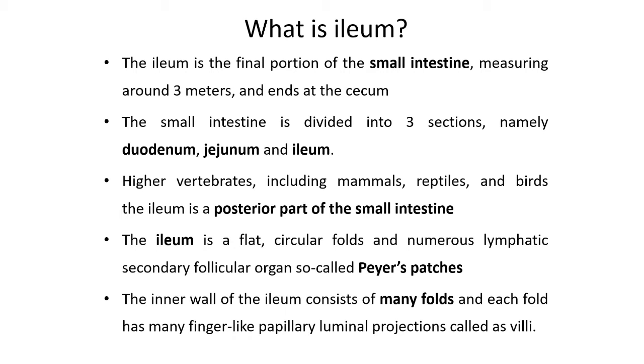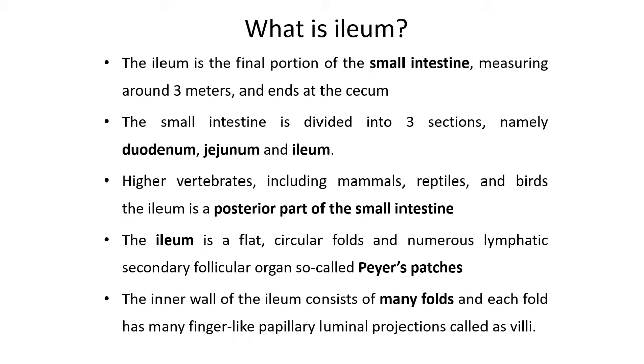So whenever food is passed from mouth to anus, it is temporarily deposited in different compartments such as stomach, small intestine and large intestine. So whenever food is deposited in stomach, after semi-digestion, it is transported to the small intestine. Whenever food is deposited in the small intestine for further digestion, it always comes in contact with villi.